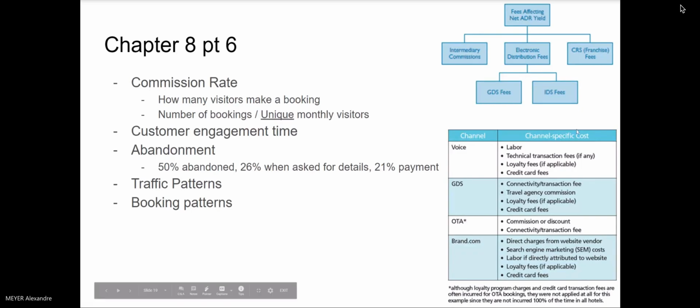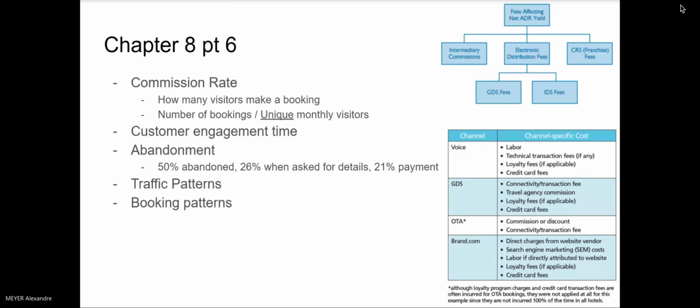And here on the bottom right, you have a table that gives you the main costs that would affect each channel. So if it's a direct reservation, you have labor costs, transaction fees, loyalty fees, and credit card fees very often. OTAs have commissions. So whichever one brings the highest cost, you want to try to avoid using as much because, ideally, you want to make the most money, right?